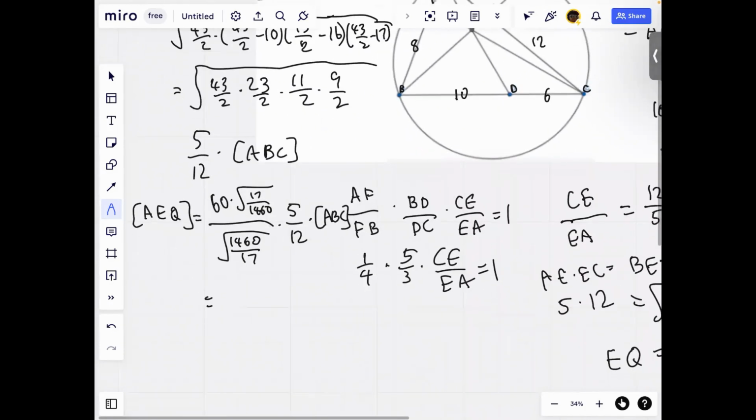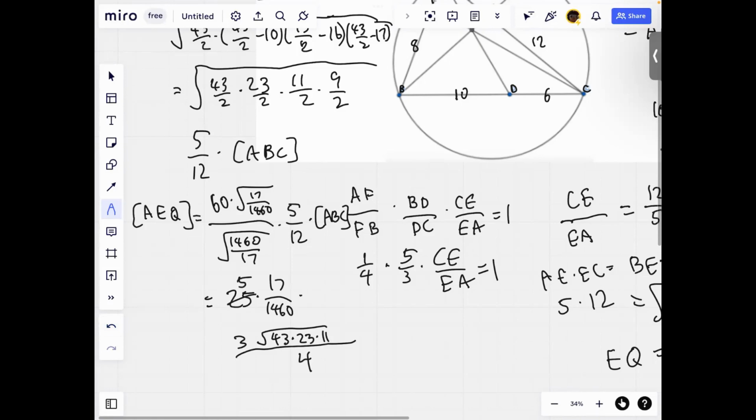If we solve this, we get 25 times 17 over 1460 times the area of ABC. The 9 is 3 squared, so we can take that out, and then you have the square root of 43 times 23 times 11 over 4.